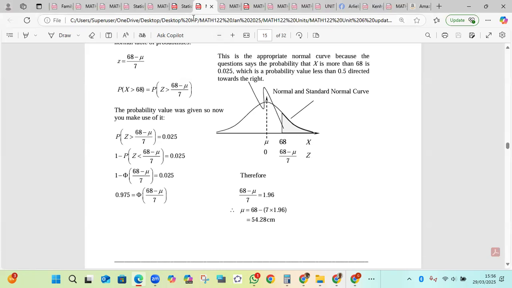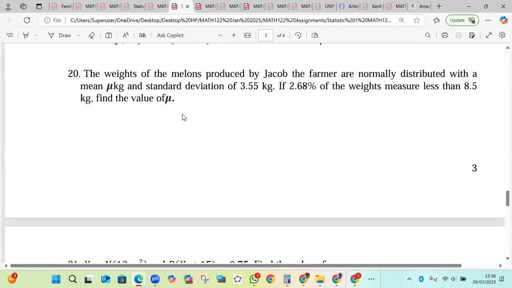But in question number 20, we have a left tail. 0.0268 is a tail, less than, shade towards the left. That's a left tail, so we must attach a negative sign to the z.